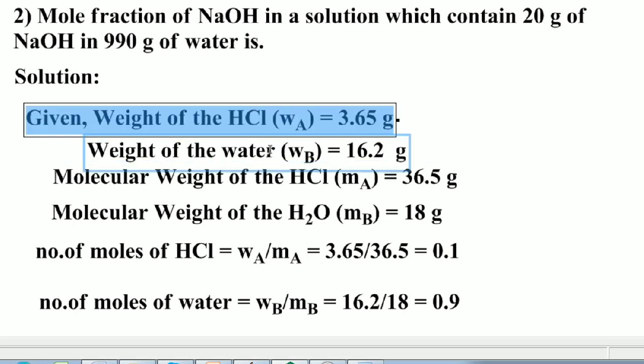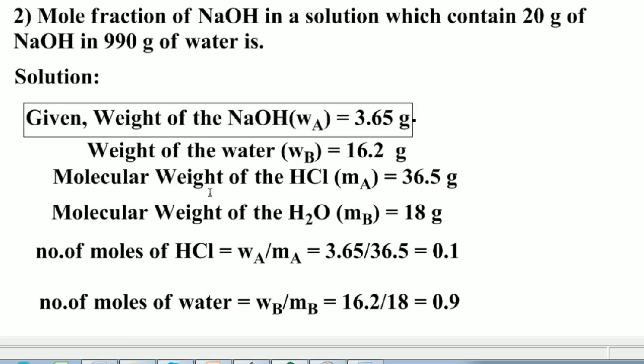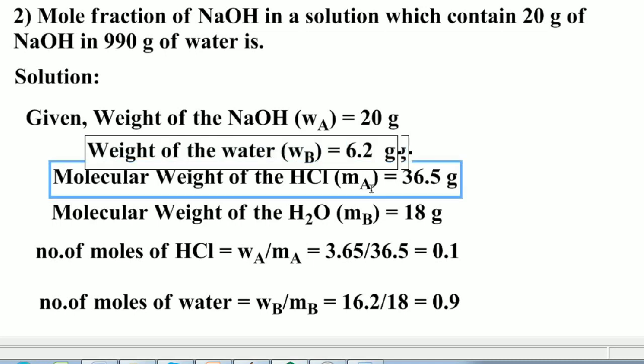So first we can write the given data of the problem. Given weight of the NaOH is 20 grams and the weight of the water is given as 990 grams.